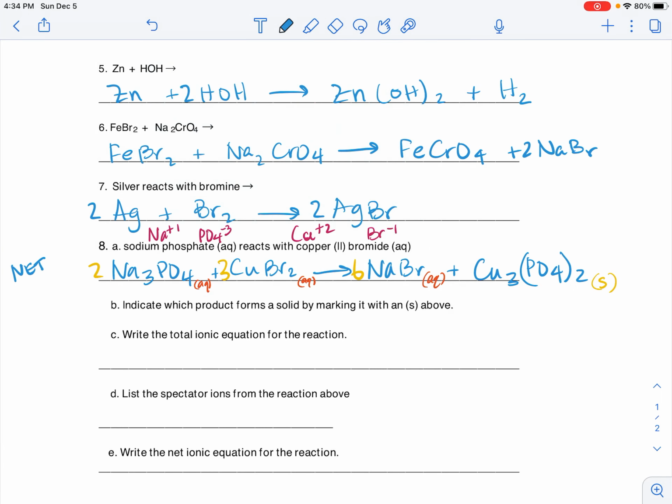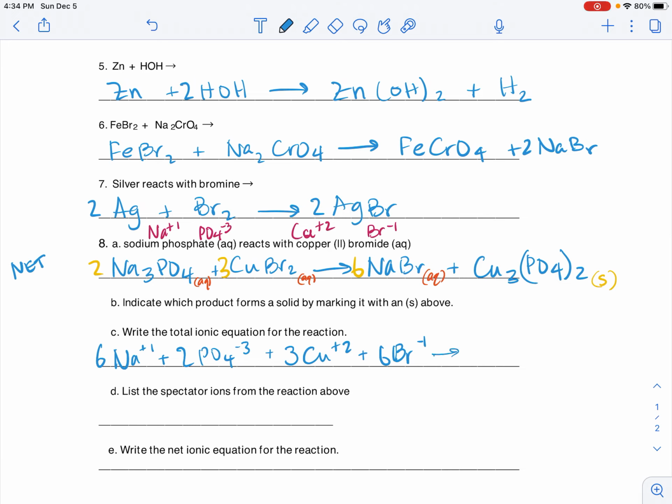So let's do that. So we got 6 sodiums. 2 times 3 is 6 sodium, which is +1. Then I've got 2 phosphates, 2 PO4s, -3 for each of those. And I also have 3 coppers, Cu is +2. I'm using the charges from up top there in the red, as you can see where I wrote them down, which is nice. And then 6 bromines, 6 Br, -1. I'm going to run out of room.